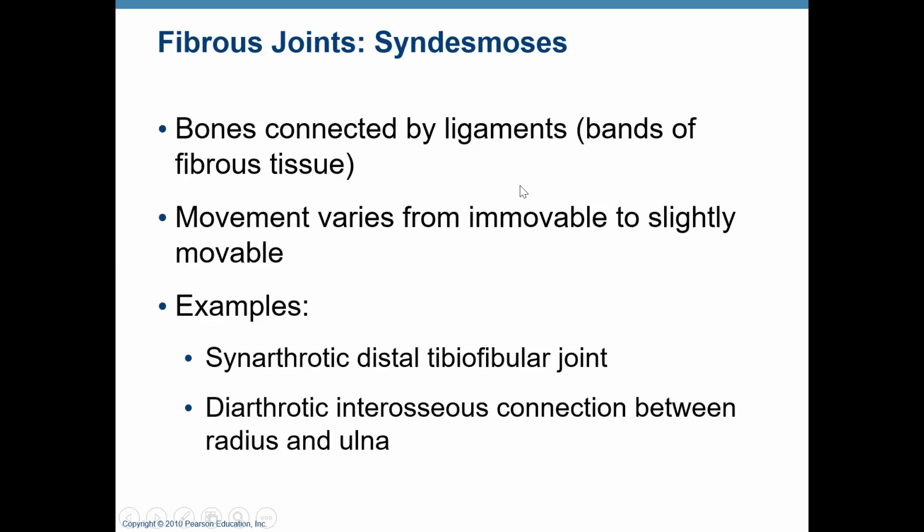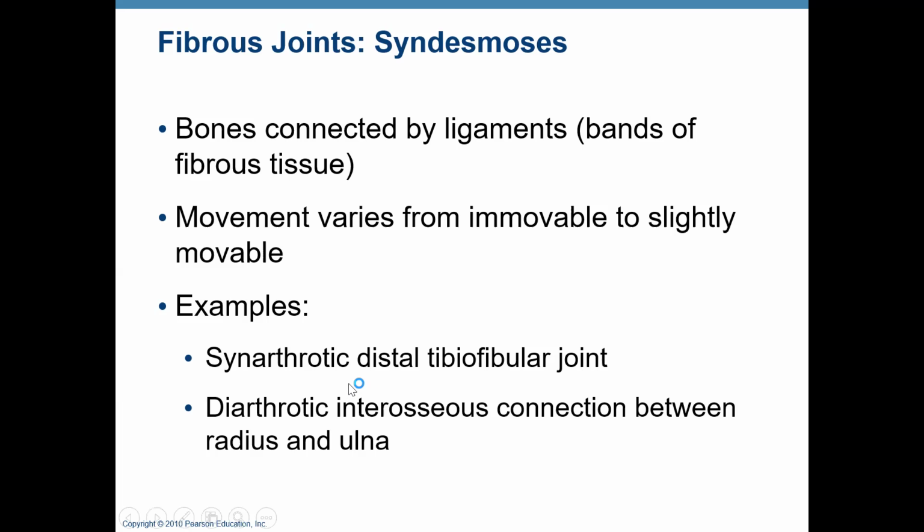The other example of the fibrous joint was the short ligament, which is connective tissue. And the shorter it is, the less likely it's going to allow movement. Now, if you have a slightly longer ligament, it may allow for some movement, which it says in this slide here. The example we saw was between the two bones in the lower leg, the tibia and fibula.